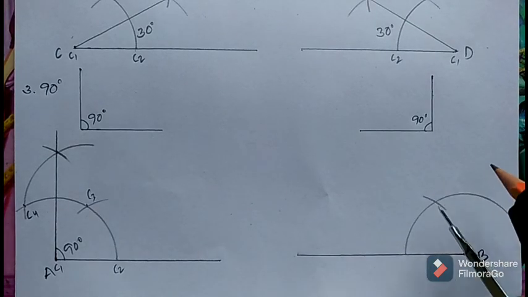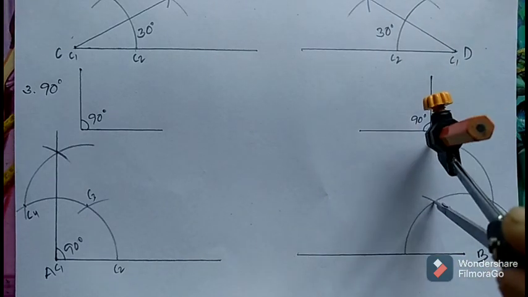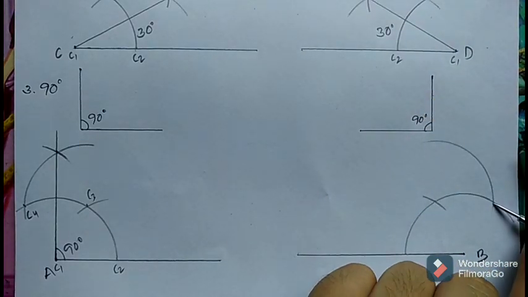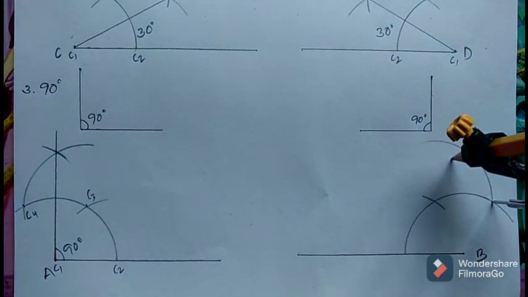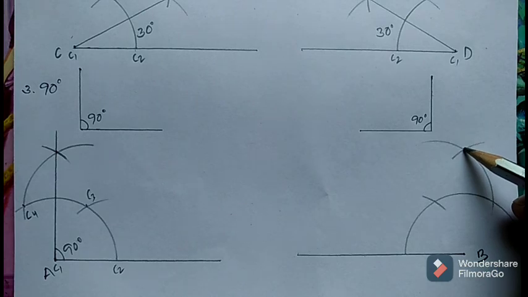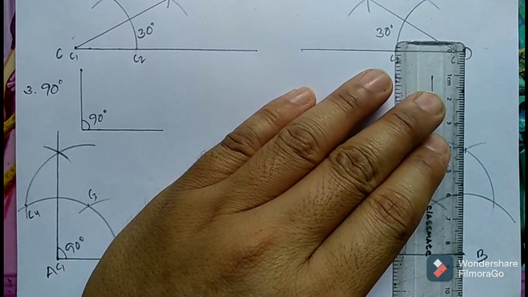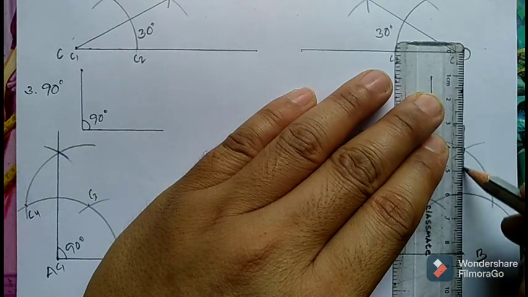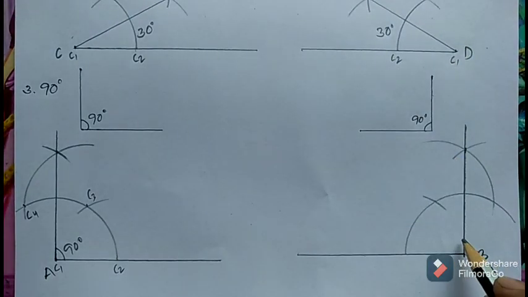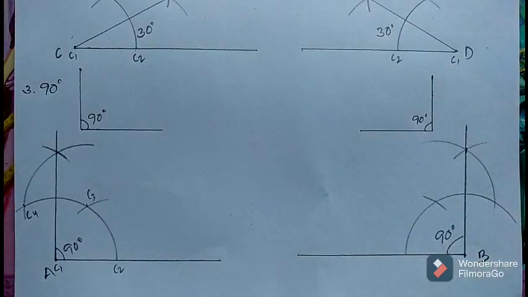Then again taking this center, we draw the third arc. Then again with this point as center, we draw another arc, the fourth arc. Then joining the point of intersection of the last 2 arcs and the first center, we get another angle which is 90 degree. So this is how you construct 90 degree.